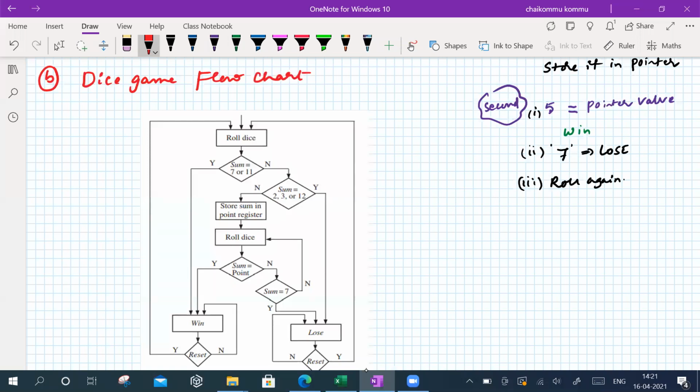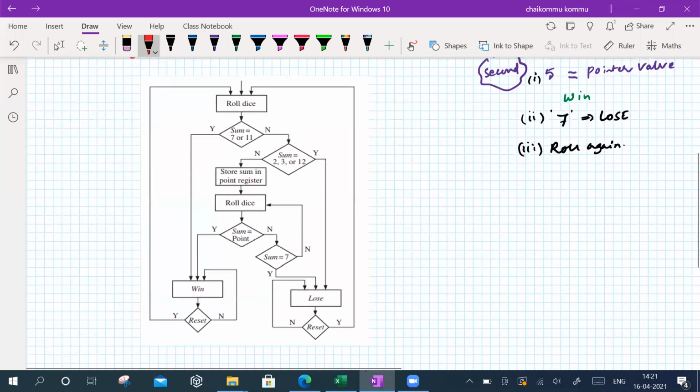So first of all, we are rolling the die. Roll the die. If the sum is equal to 7 or 11, and it is true, then you may win the game.